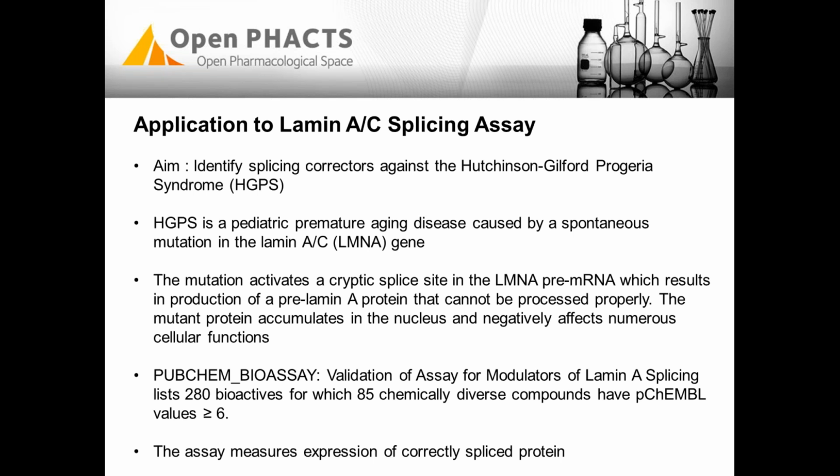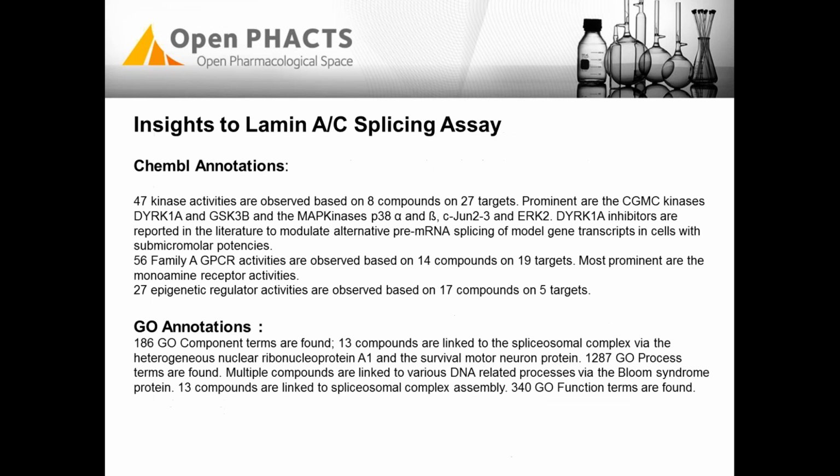So in the PubChem bioassay, you find an assay looking for correction of spliced protein, and there are around 280 bioactives reported in that assay, with potencies up to 35 nanomolar, micromolar, sorry, and there are 85 chemically diverse compounds with pCampbell values higher than 6, and these were the compounds we identified and analyzed here in more detail.